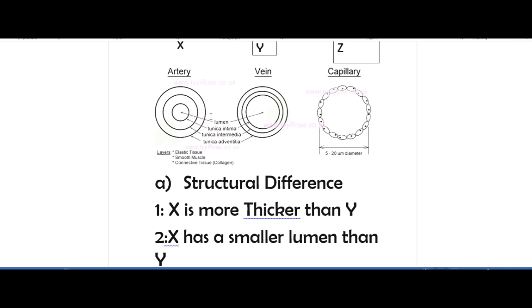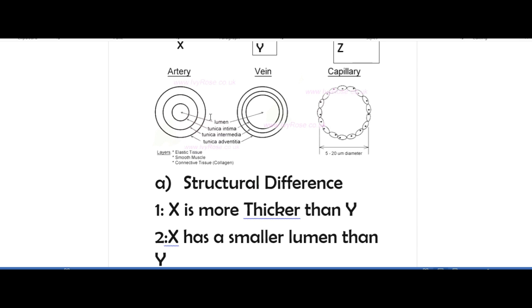For the vein, there's a big lumen so that it can allow more blood to flow, as there's really low pressure in the blood flow of the vein, so it requires a large lumen so more blood can pass through.